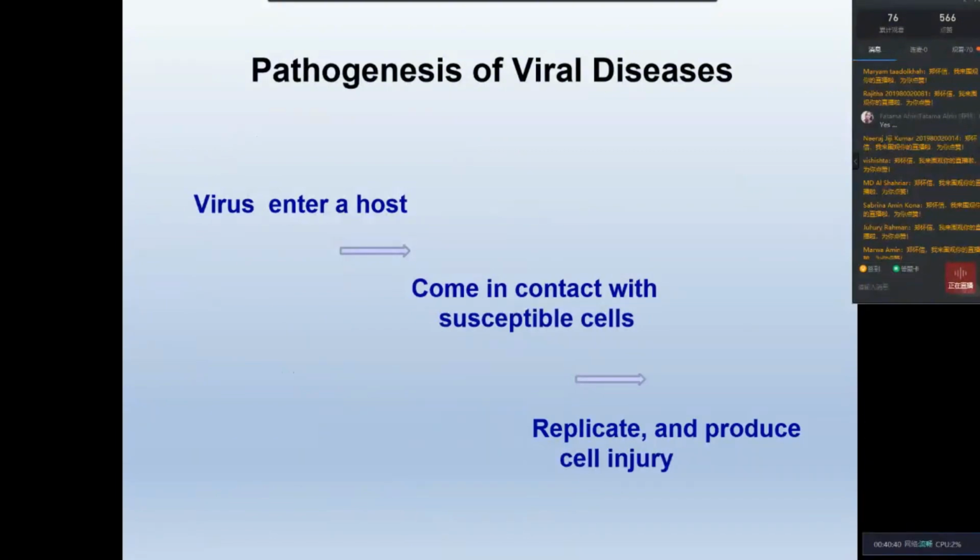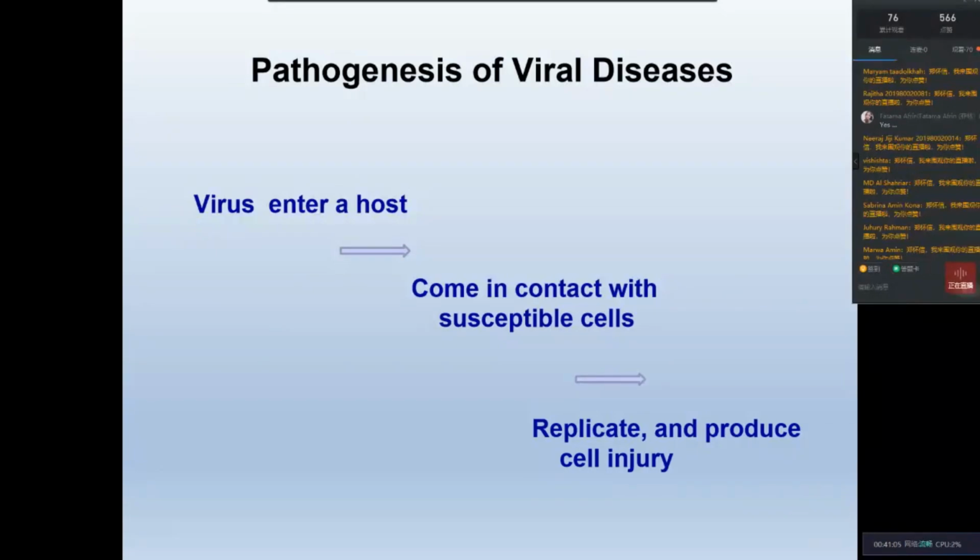And this is a general procedure for a virus to infect a host. First, the virus needs to enter the host. If it stays outside, that's okay, but it has to enter the host. Then after it enters the host, it has to come in contact with susceptible cells.